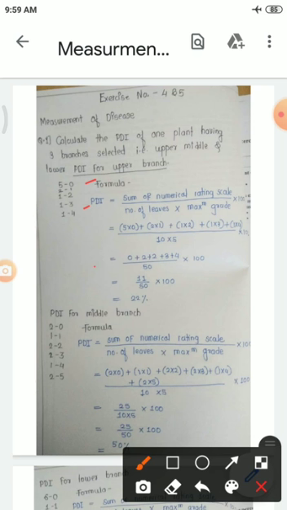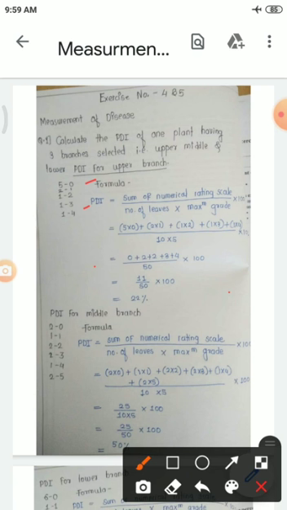So let us see how we calculate percent disease index with the help of a formula. Then we'll see different examples of how we calculate that PDI. For calculation of PDI, one formula is given. PDI is equal to the sum of numerical rating scale divided by the number of leaves assessed into the maximum grade.